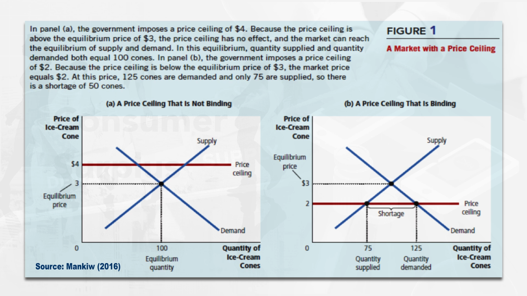When consumers lobby for lower prices and succeed, the government may impose a price ceiling, a legal cap on prices. If this ceiling is set above the equilibrium price, like $4 when the equilibrium is $3, it is non-binding and has no effect because the market price would remain at equilibrium.